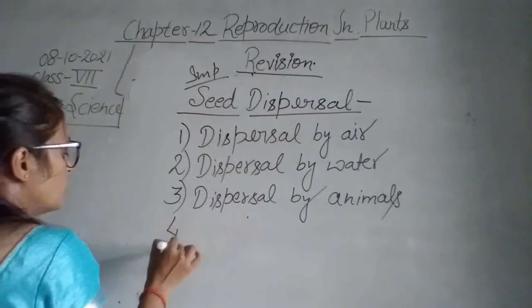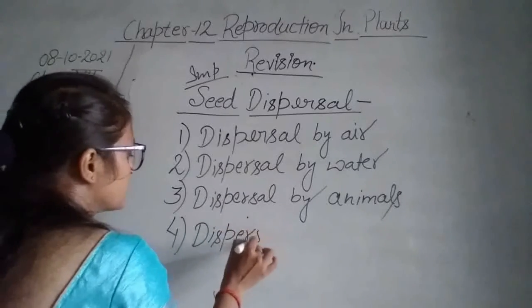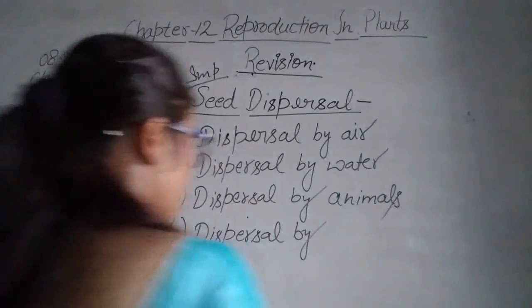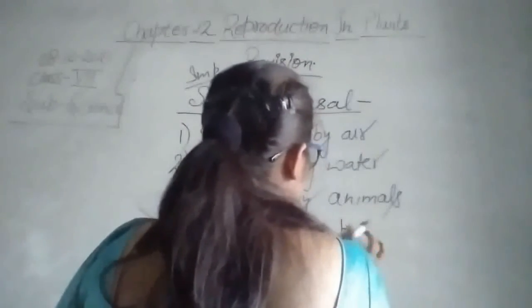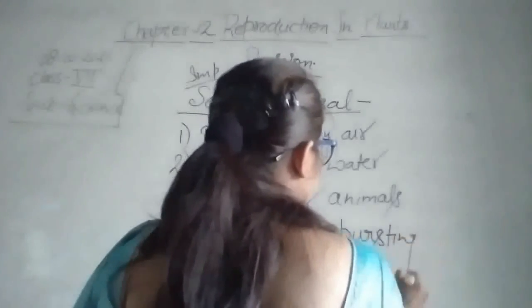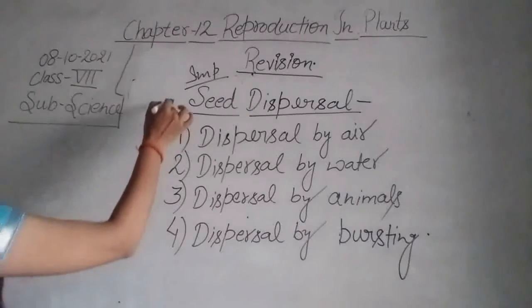And fourth one is dispersal by bursting. This is an important topic.